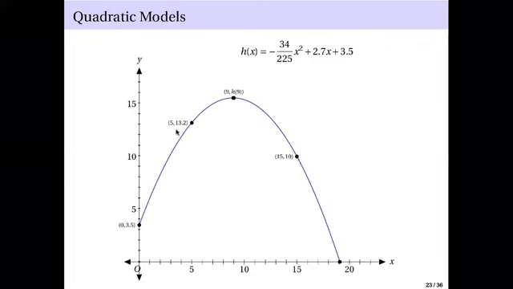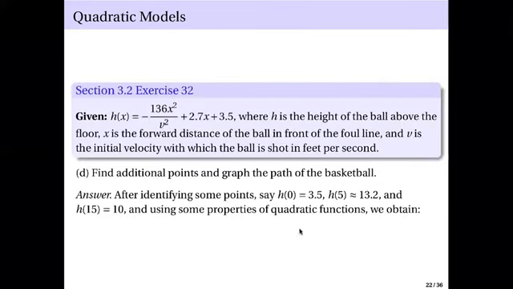So again, let us look at these points here. How we got them: h of 0, that's 3.5. H of 5, that's roughly 13.2. H of 15, that's 10.